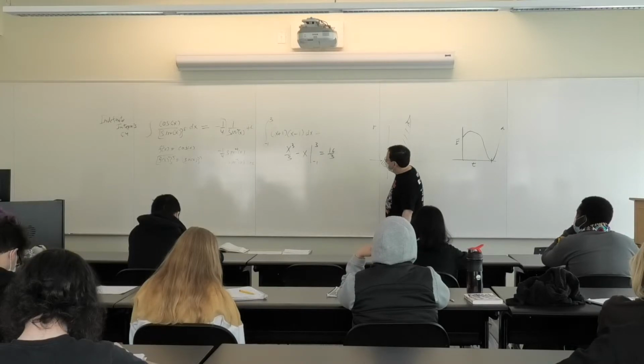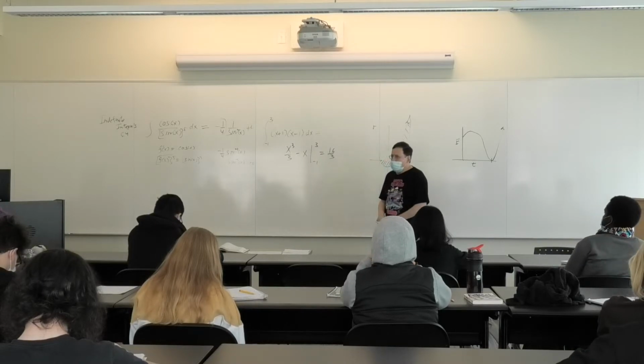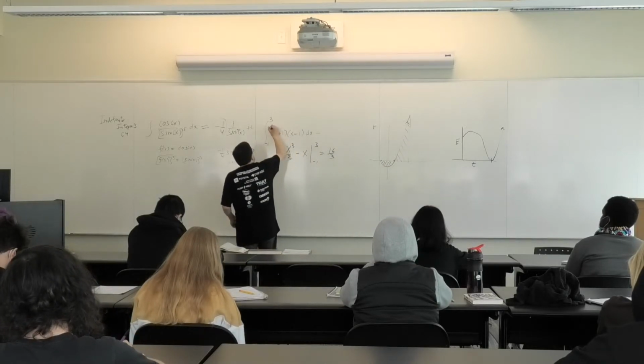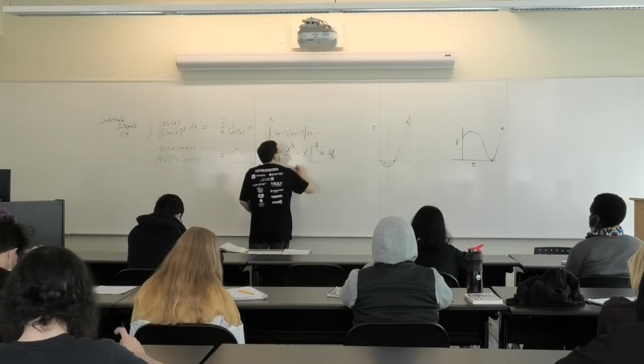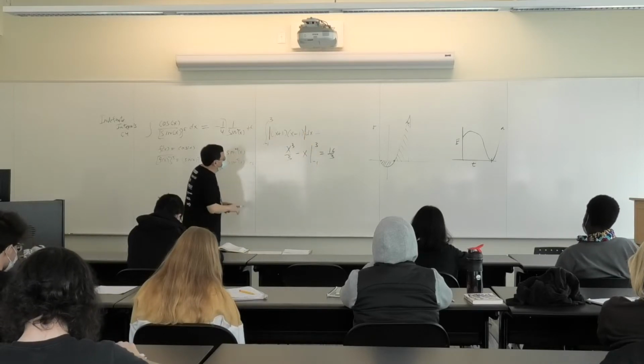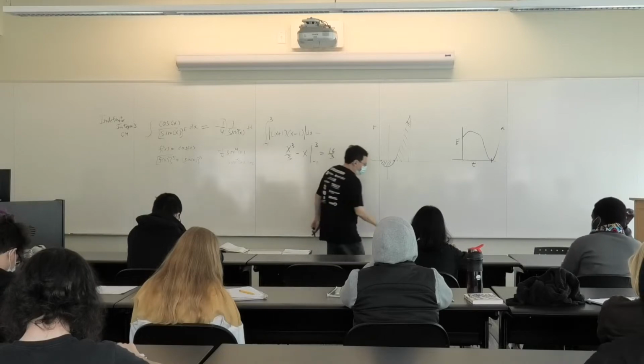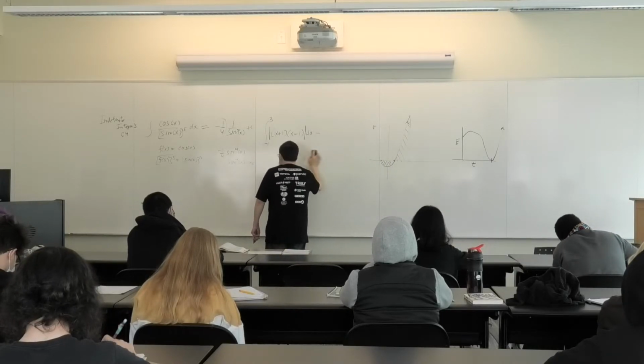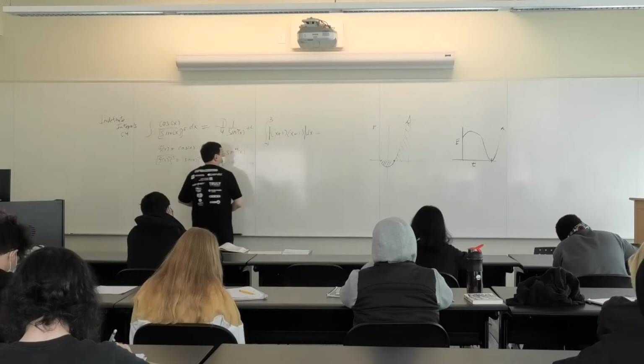But if instead of knowing where we are, we wanted to know the distance traveled, I might want to do this, and I would get a different answer. So how would we do that? How do we figure that out?